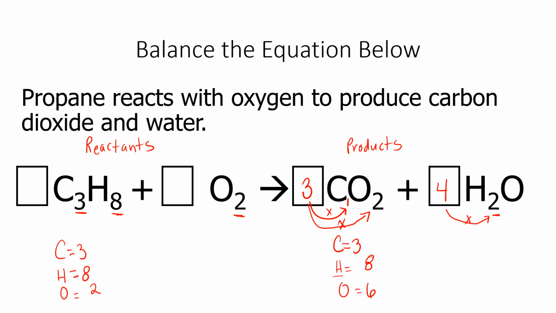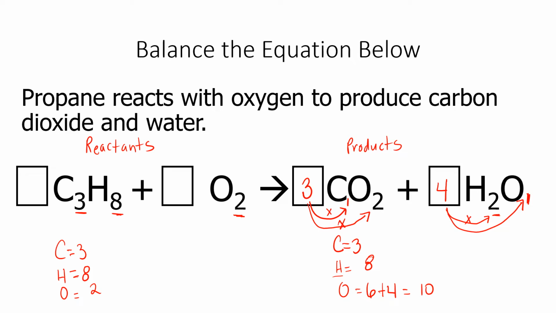And even though you're saying, okay, we have 6 oxygens, that's not all the oxygens we have. We actually cannot forget the other oxygen that is in the products. There's not a number there as a subscript, so it's 1. So 4 times 1 is 4. And if I add those together, it gives me a total of 10. So I've got 10 on the products and 2 on the reactants.